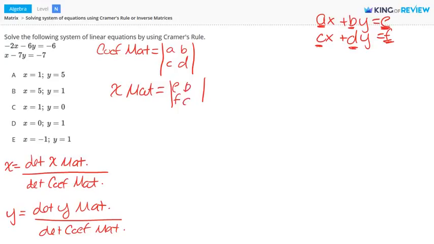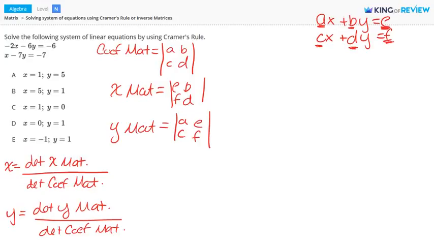And then we have B and D. And the y matrix is equal to A, C, E, F. So this is how we set up the matrices.